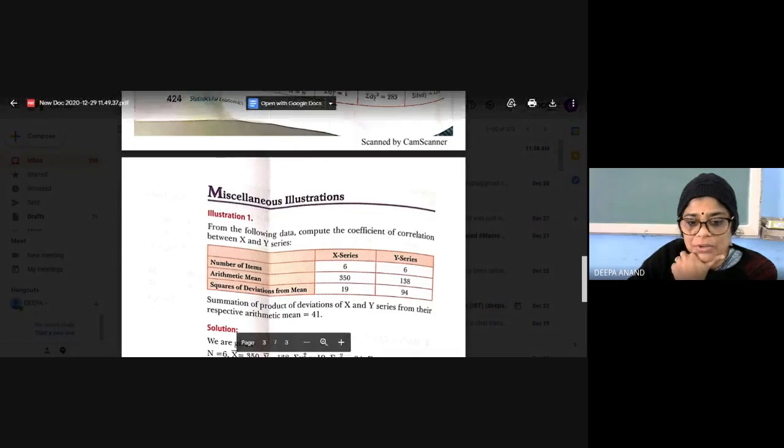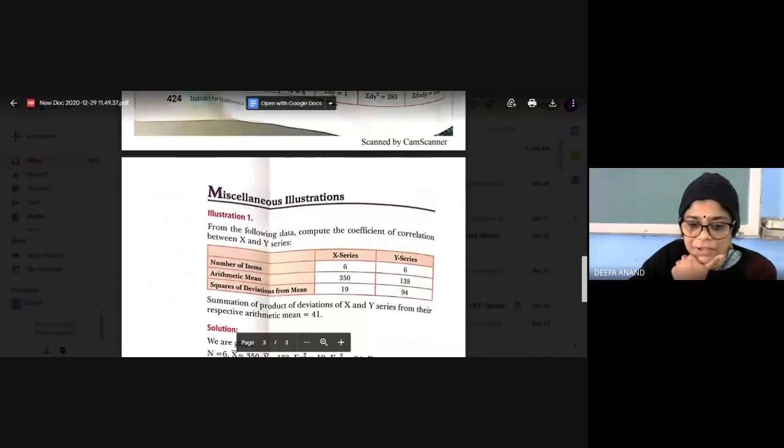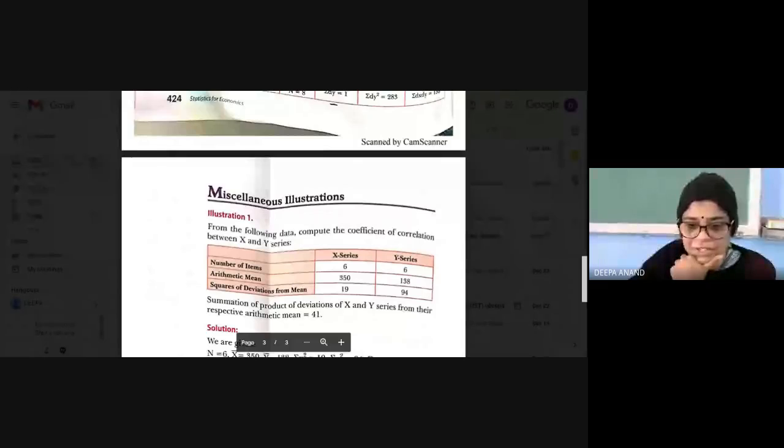The squares of deviation from mean are 19 in the X series and 94 in the Y series. Then one more detail is given, the summation of product of deviation of X and Y series, summation XY.